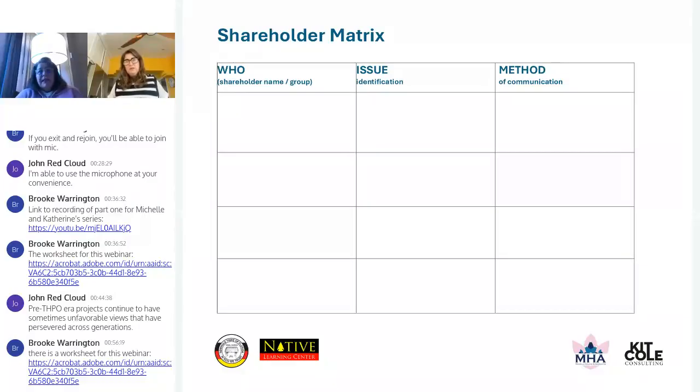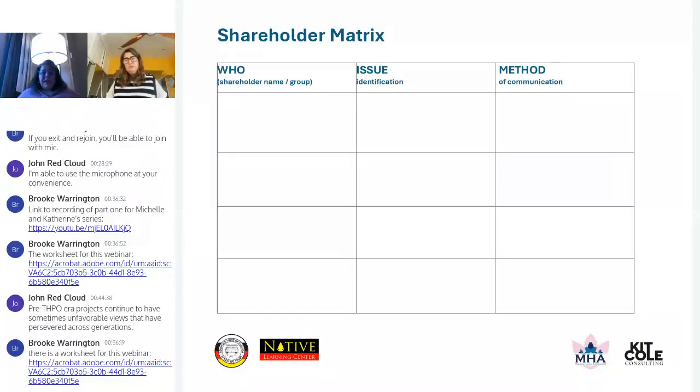And again, on this stakeholder, the name or the group, it can be a tribal department, right? Getting those approvals, the land, the Bureau of Indian Affairs, all those are stakeholders. So as we shared on the infographic, we didn't put all the agencies. We really looked at it as a community aspect to it.